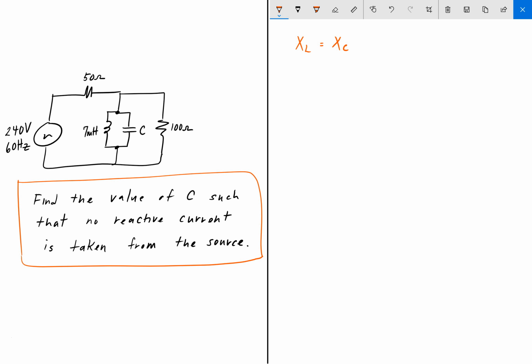When XL is equal to XC, the passive elements, the inductor and the capacitor, cancel out, and for a parallel combination like the one that we have here, they become an open circuit. Essentially, the total impedance becomes purely resistive. So this would be your regular voltage divider circuit if these two were in resonance.